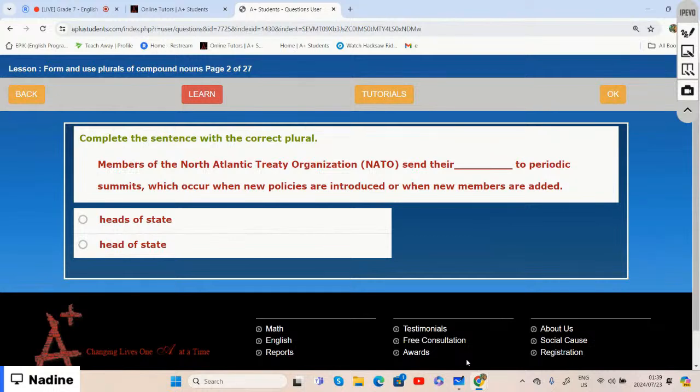So if we were to choose the correct plural, is it heads of state option one or is it head of state option two? The plural form, heads of state option one or head of state option two.